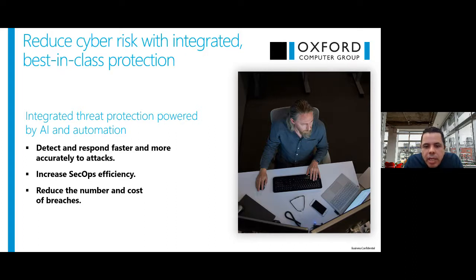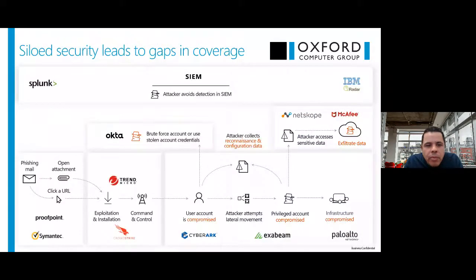Before we do that, though, let's take a look at the familiar model and how many organizations are having to manage security complexities today. Now, this particular kill chain here may look familiar.